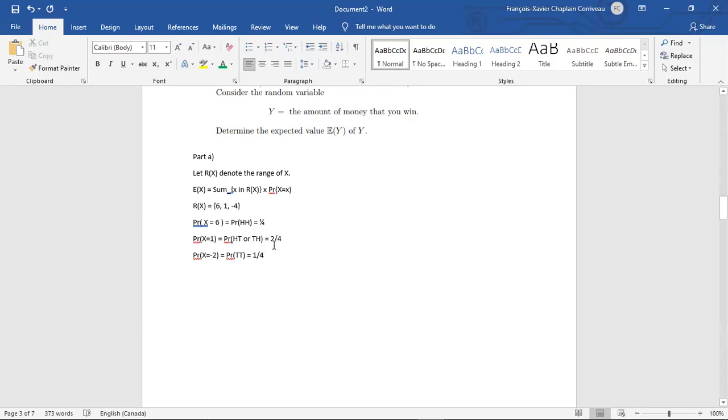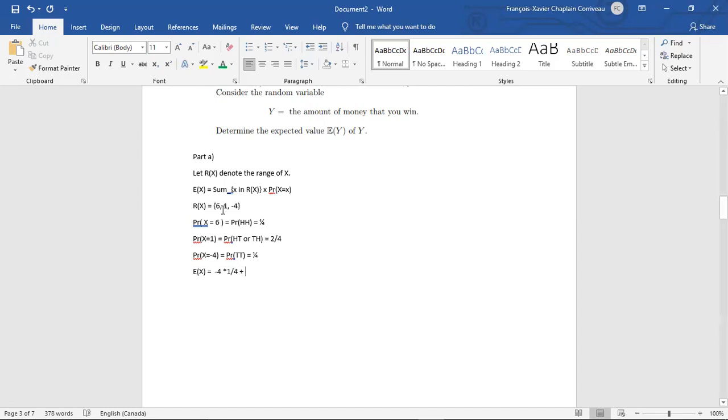Now we have our probabilities and the range, so we just write this summation. There are only 3 values, so we can expand it easily. I look at -4 and multiply it by the probability that X is equal to -4, which is 1 over 4.